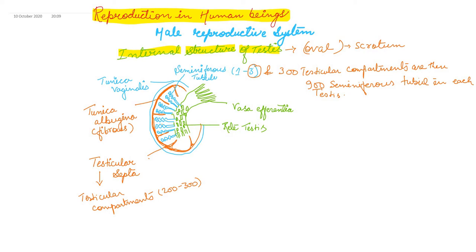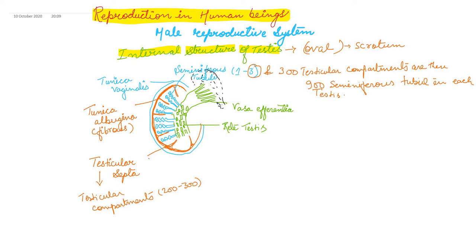The sperm which is produced in the seminiferous tubule is conducted by vasa efferentia into epididymis. Here epididymis is there. I'm not drawing the diagram of epididymis.